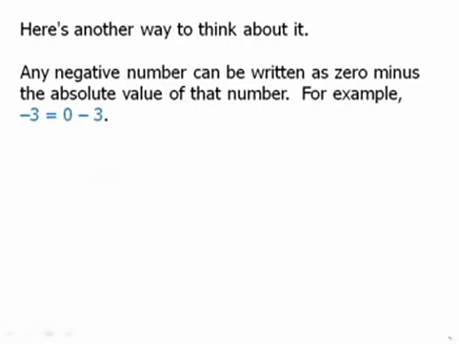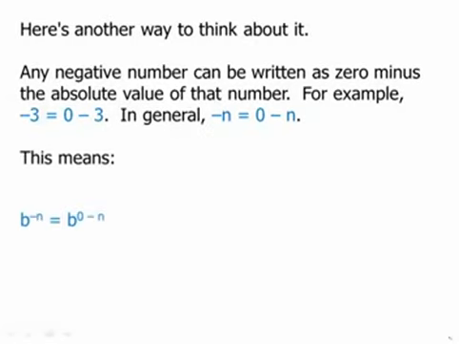Here's another way to think about it. Any negative number can be written as 0 minus the absolute value of that number. For example, we could write negative 3 as 0 minus positive 3. In general, negative n, we could write that as 0 minus n.